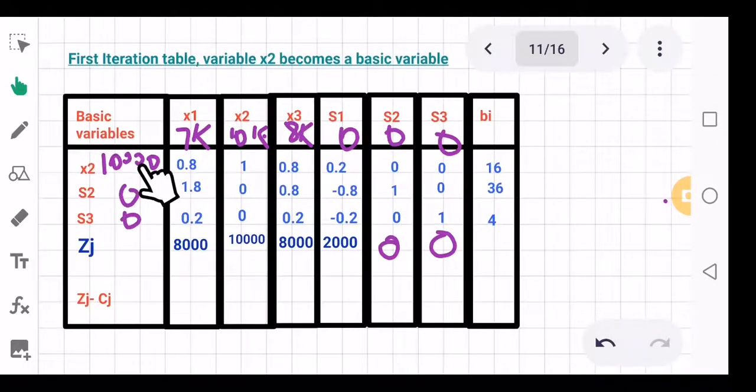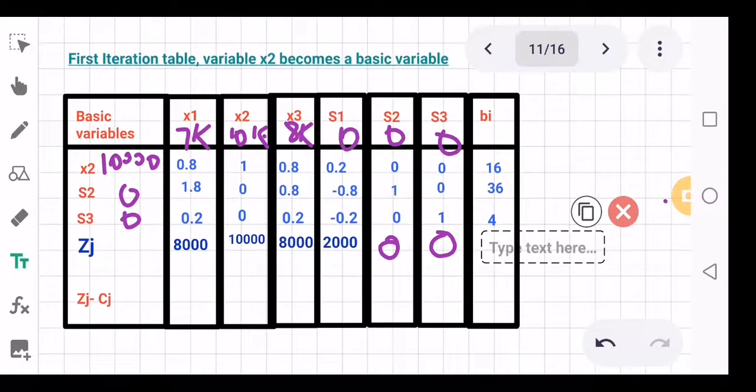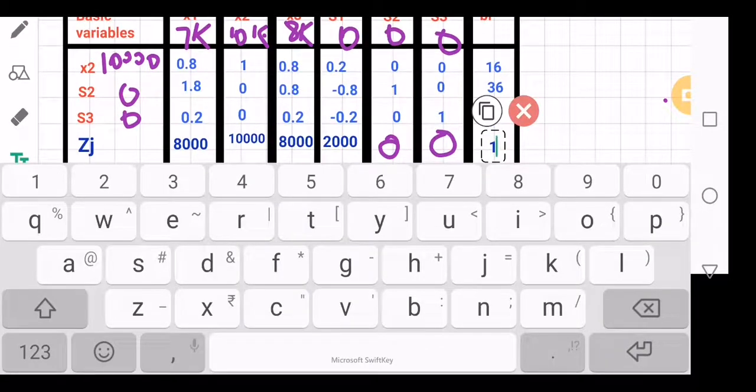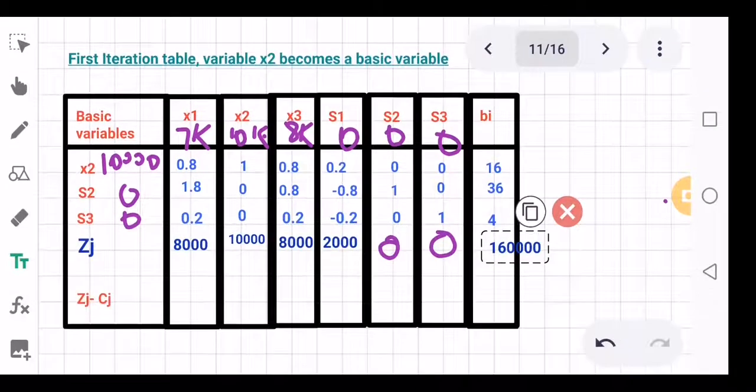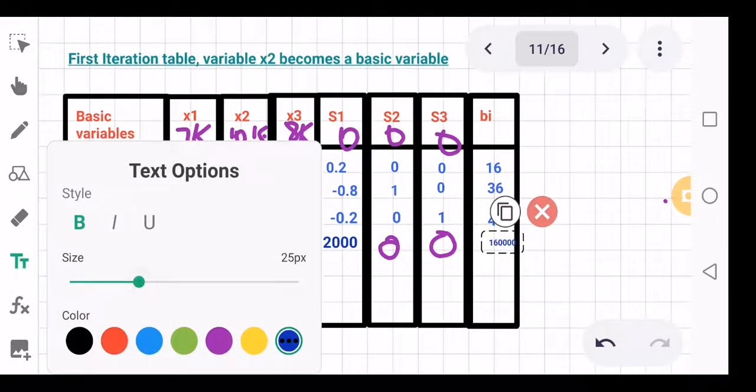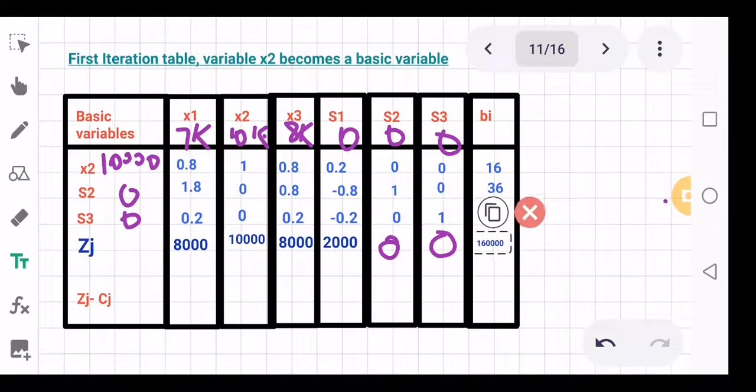So the total will be 1,60,000. Okay, so that's how we got 1,60,000 over here. So all this which are calculated is the Zj values.